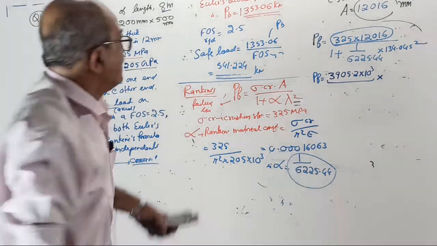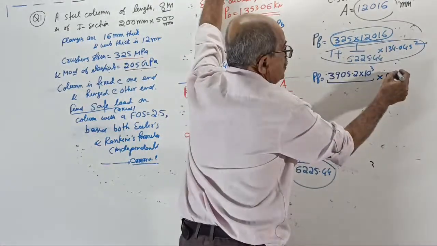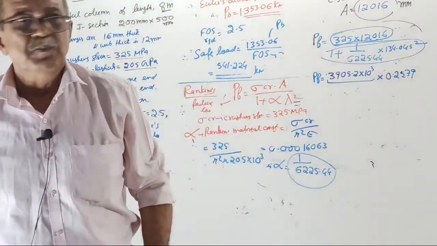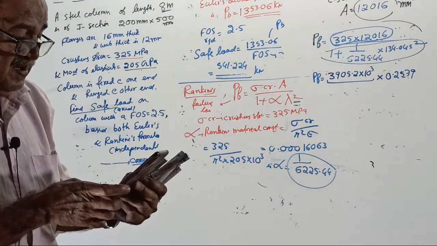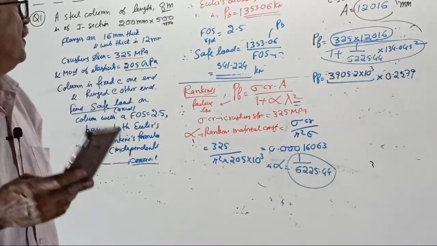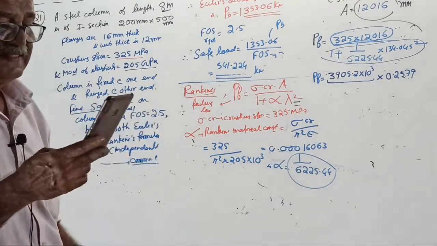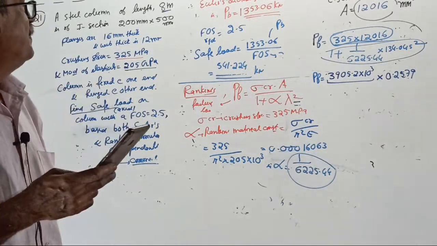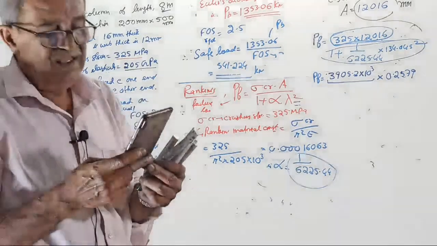Is this denominator's reciprocal 0.2579? Yes or no? I want confirmation. If I make a mistake, my logic is gone. If it's correct, I can go further; otherwise I have to check once again. Yes, correct.